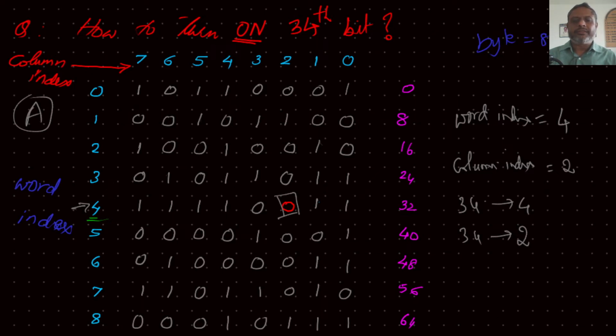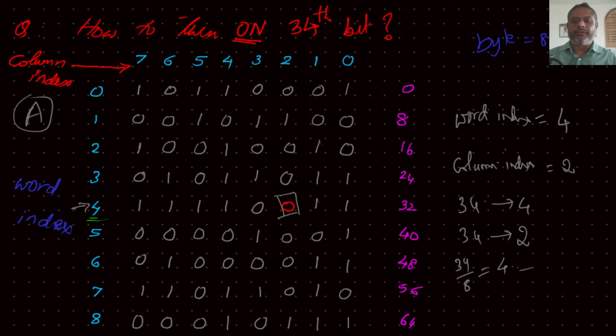If you count the full rows before this one, how do you count that? Counting that will be 34 by 8, because each row contains 8. So 34 by 8 is 4 point something. This something is not important to us. What is important is how many complete rows are there before the particular row which contains our 34th bit.